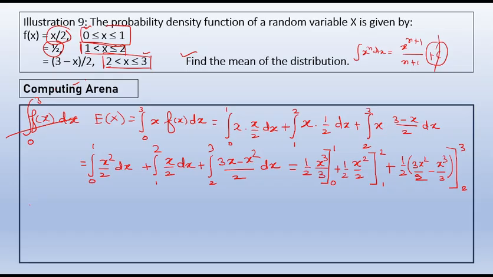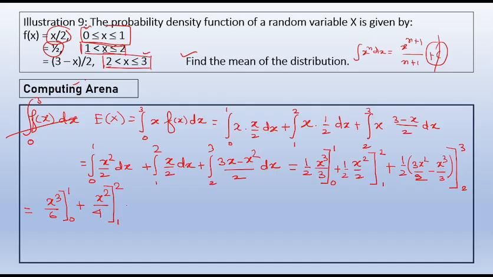So now before we put the upper limit and the lower limit, let us simplify it further. So first one becomes x cubed by 3 into 2 is 6, so x cubed by 6, and then this is 0 to 1. Plus, then it becomes x square by 4, the range is from 1 to 2.